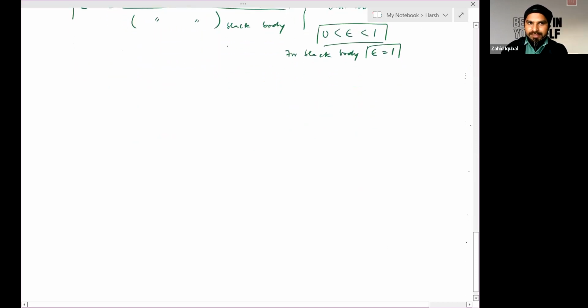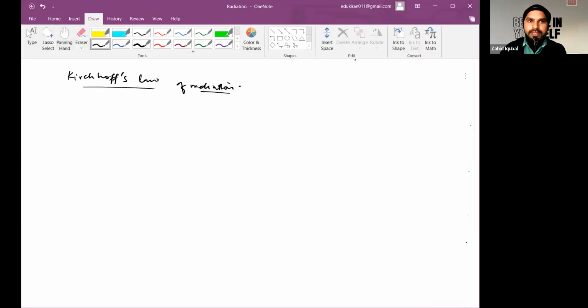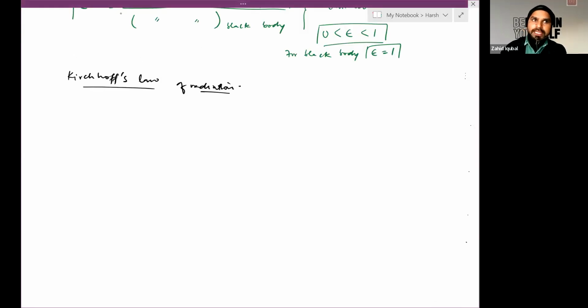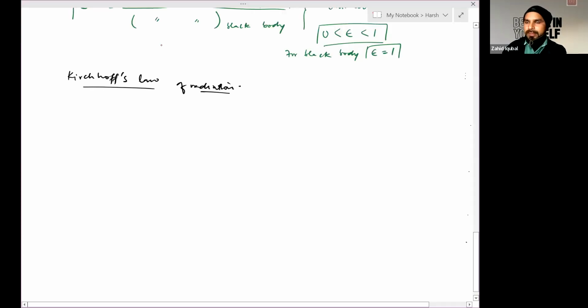Now to define these terms, let me first define Kirchhoff's law of radiation. It states that the ratio of emissive power and absorptive power of any ordinary body is equal to the emissive power of a black body at that temperature.